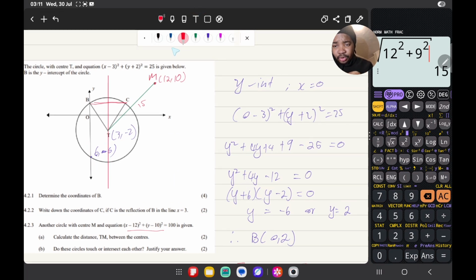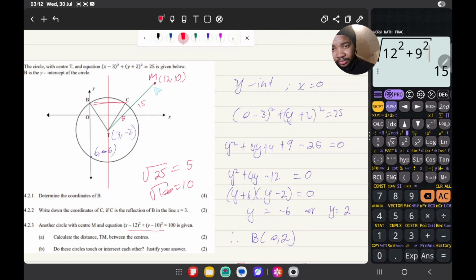So if I would draw, okay, let me do this. What's the radius for the smaller circle? The radius is 25. No, it's 5, because the square root of 25 is 5. So the radius here is 5, right? And the radius for this one is 10, because the square root of 100 is 10, right?